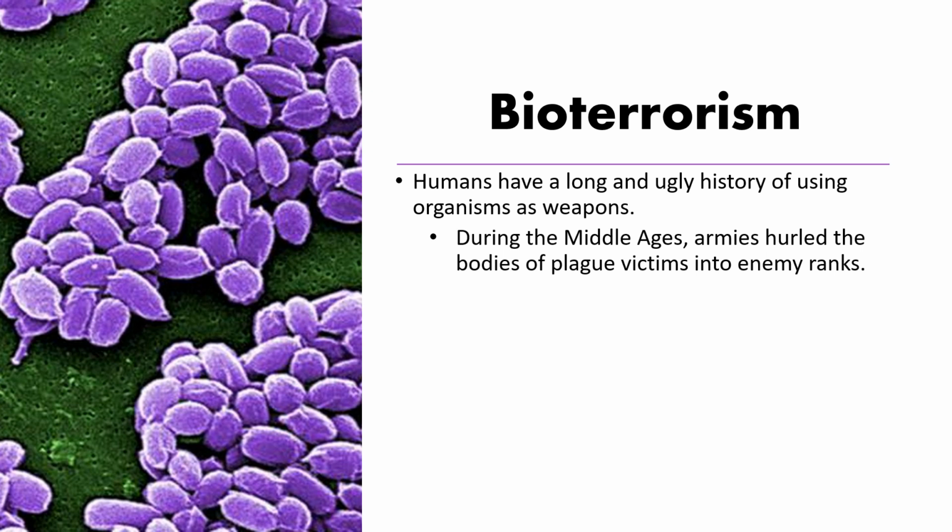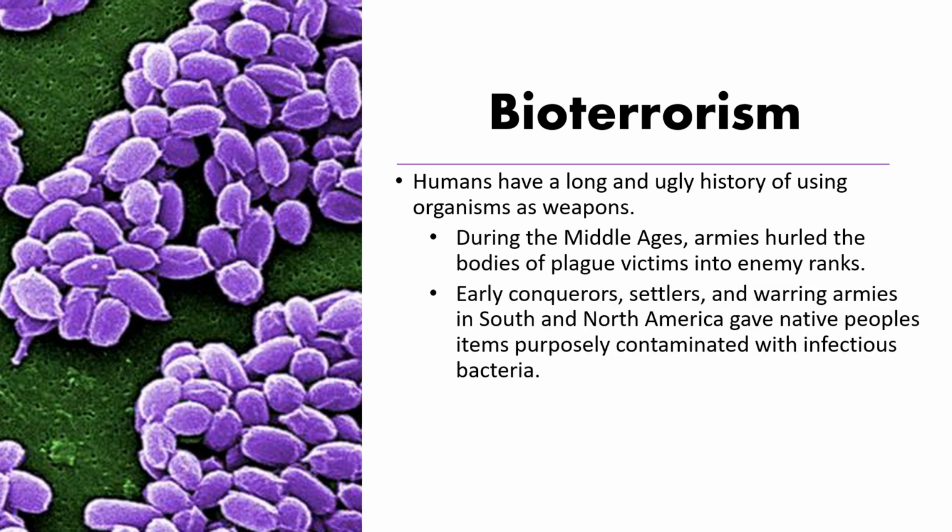Again, they don't understand how transmission of diseases takes place, but they know that being around plague victims was able to cause more individuals to get the plague. When we had early conquerors and settlers and warring armies in South and North America, they would give native peoples items that were purposely contaminated with infectious bacteria.